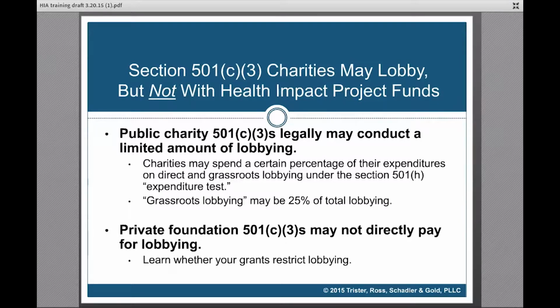So if you're talking to the aide to a governor about a budget proposal that the governor is about to submit, and that aide to the governor is part of the budget proposal team, that could fall into the direct lobbying realm. But for the most part, your communications with executive branch agency members are not going to be considered direct lobbying. So there's a huge amount of executive branch and regulatory action that you can influence without it being considered direct lobbying.